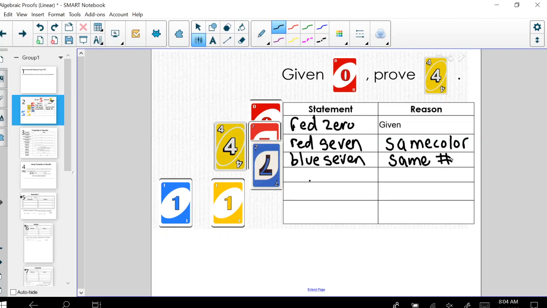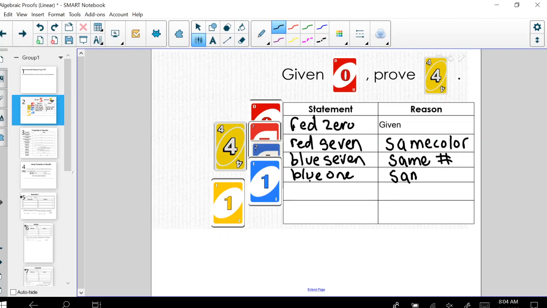So again, every time we lay a card down, we have a reason as to why we're allowed to lay that specific card down. Next card we could lay down would be the blue 1, because they are the same color. All right, from there, most of you now can kind of see the finish line.